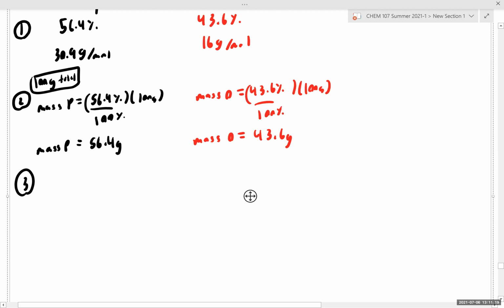So we know the mass of phosphorus and oxygen, and we know the molar mass. Would anyone like to share their calculated mole values or their calculated empirical formulas?